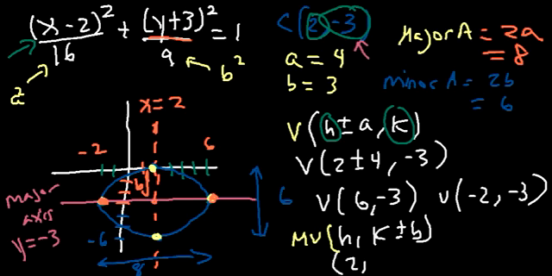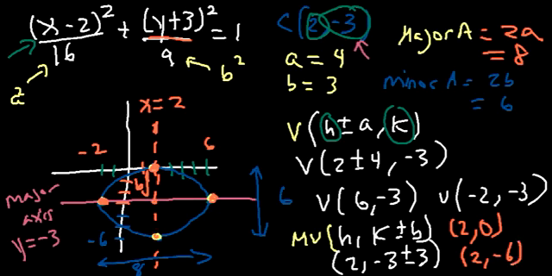So it's 2, comma, the y coordinate, which is -3, plus or minus the value of b, which is 3. The two answers that we get are 2, comma, -3 plus 3 is 0, so that's this point right here, 2, 0. And -3 minus 3 is -6, so we get this point, 2, -6. So these are our minor vertices.